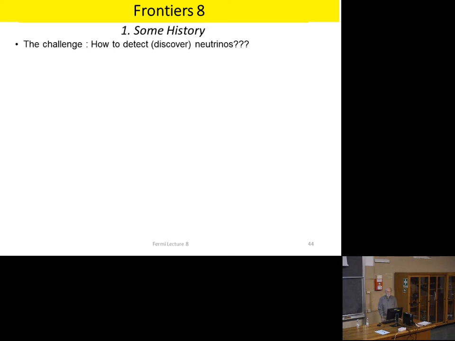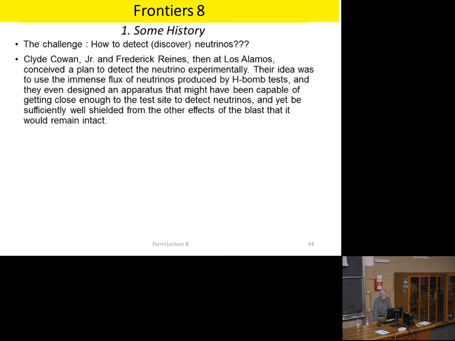So the challenge then is how to detect, or at this point, how to discover the neutrinos. And Clyde Cowan and Fred Reines took on this problem. At that time, they were at the Los Alamos National Laboratory. You realize that's the laboratory where they developed the atomic bomb, and you'll see that affected their thinking.